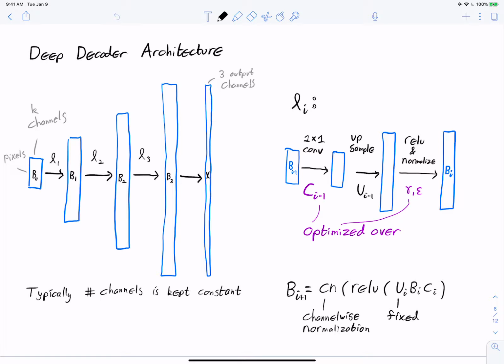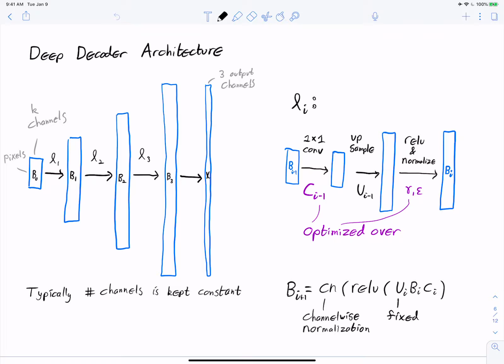First, there's going to be an operation of linear combinations of the channels within a pixel, and this is going to be translationally invariantly applied to all pixels. Alternatively put, a one-by-one convolution is taken, and this can be represented by a matrix C_{i-1} if it's acting on the matrix B_{i-1}.